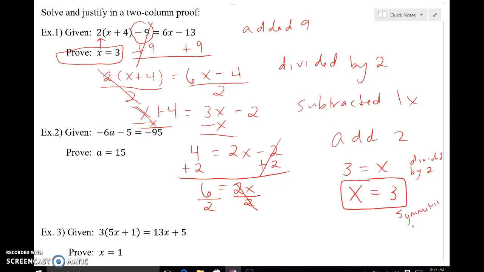So that's one of the ways that we can use justification to kind of prove why x is equal to 3.